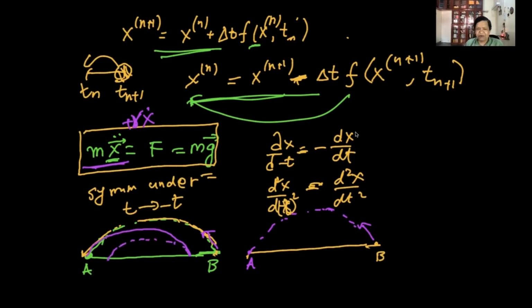So forward motion and backward motion are not the same in the presence of friction. Friction breaks the time reversal symmetry, but fundamental forces like gravity and electrodynamics do not.